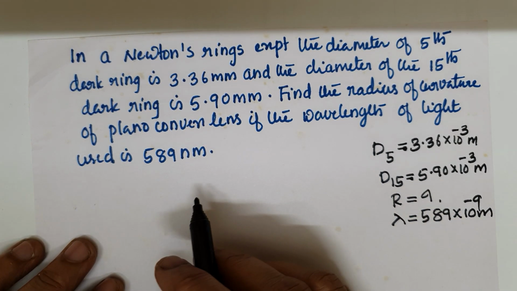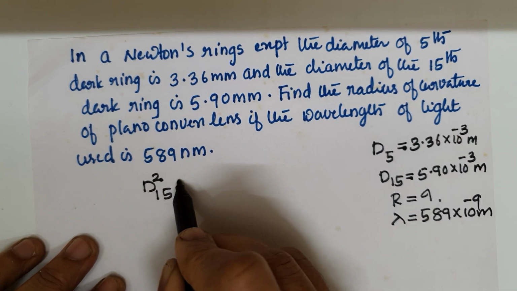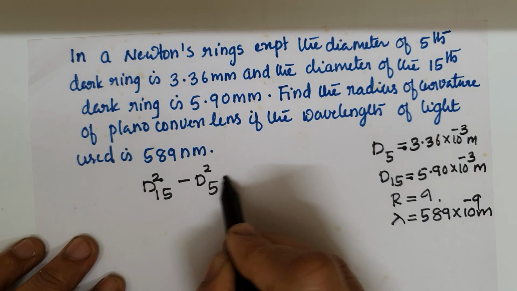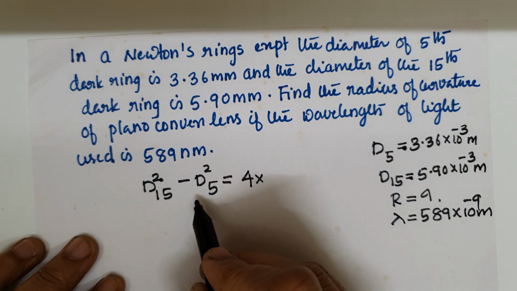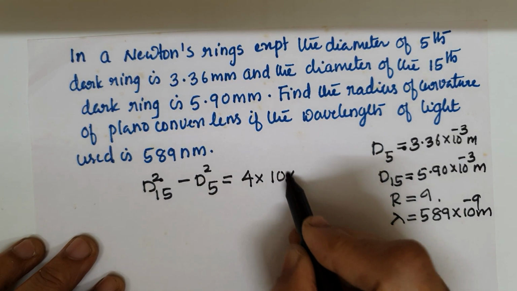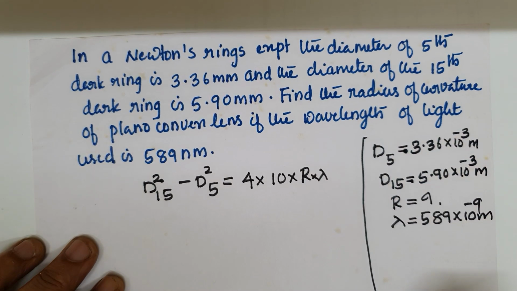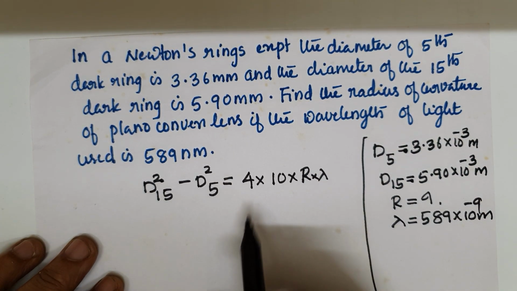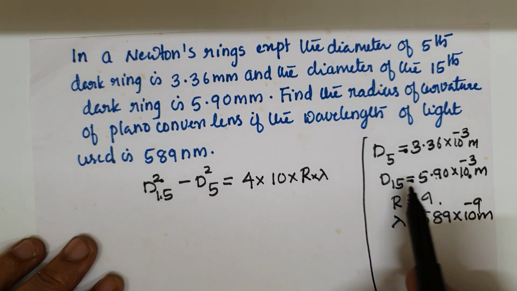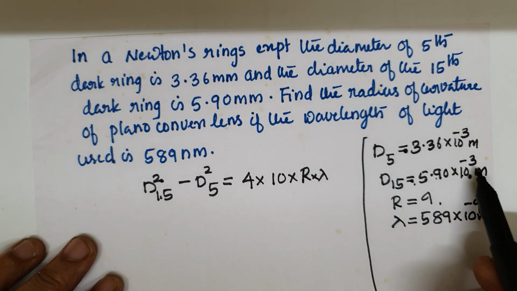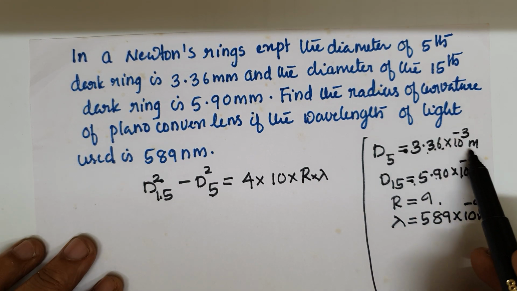So similar to the previous case, we can write d square 15 minus d square 5 is equal to 4 into 15 minus 5, that is 10, into r lambda. R should be found out. d15 is 5.90 into 10 raised to minus 3, and d5 is 3.36 into 10 raised to minus 3 meter.